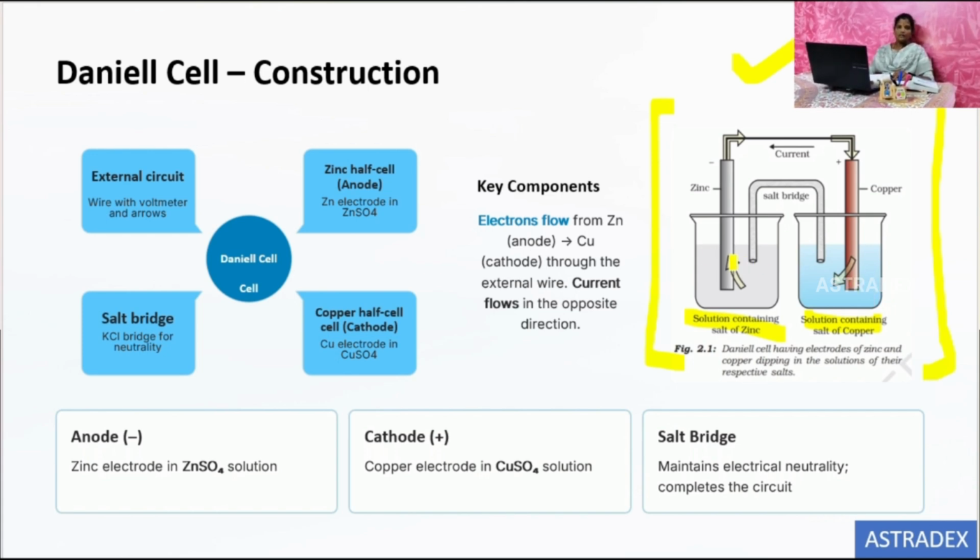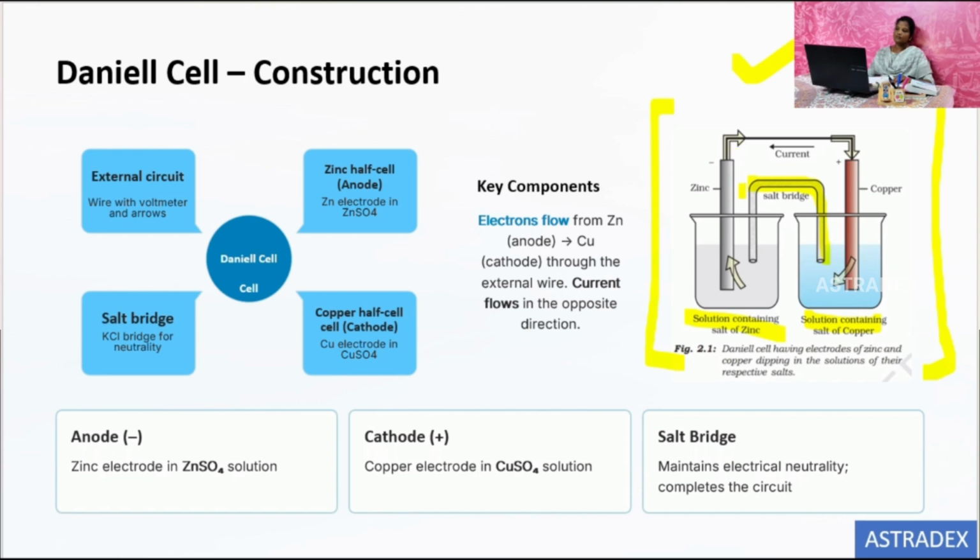Reduction and oxidation take place simultaneously, so that's why this reaction is called a redox reaction. So this is the cell construction. In a simple way you can easily understand. In the external circuit you can see the wire with the voltmeter and arrows, and in the internal circuit you can see an inverted U tube.